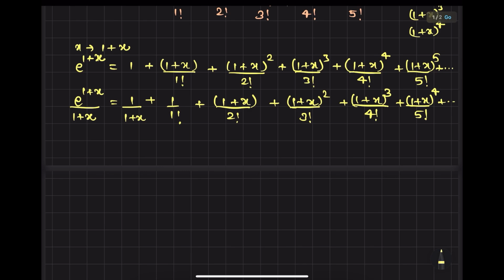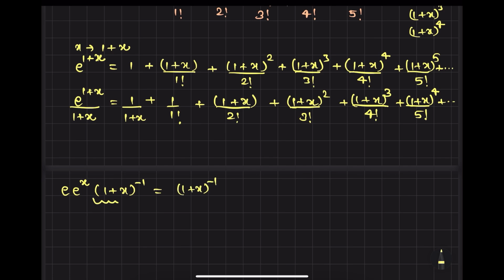Now just look at this. Can I write this thing as e times e power x and 1 plus x power minus 1? Okay, we can write this thing, and we can write the right hand side as 1 plus x power minus 1.